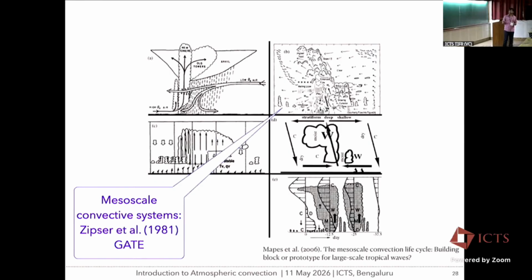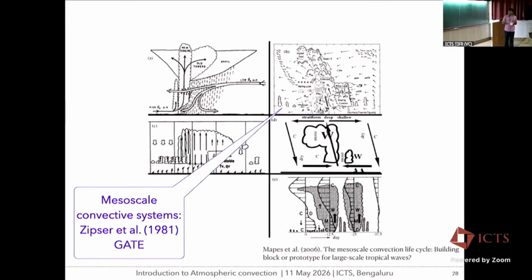Again, what I'm trying to tell is all these different sketches are for different time and spatial scales. But the overall structure or building blocks look the same. So this one is a mesoscale convective system from GATE, which I find one of the most decorated field campaigns.